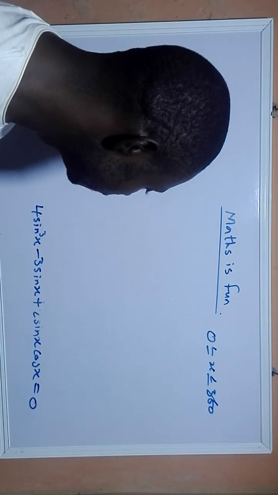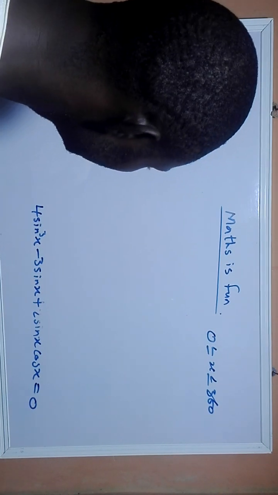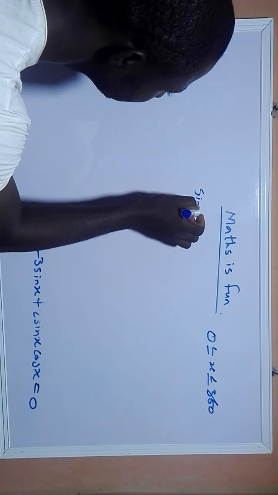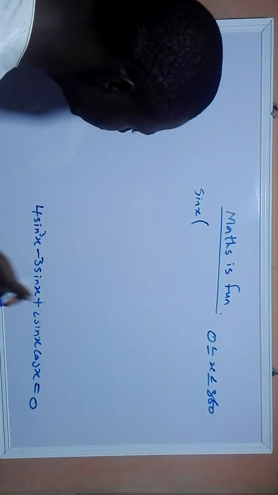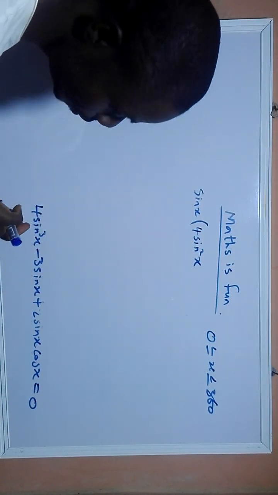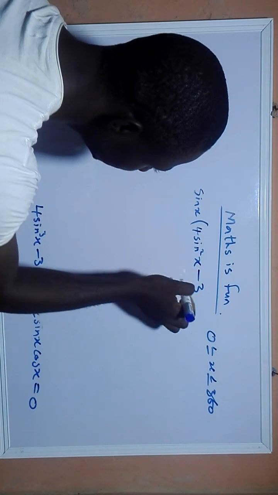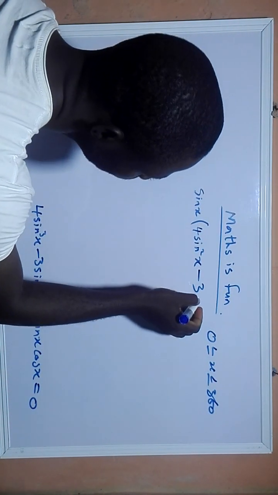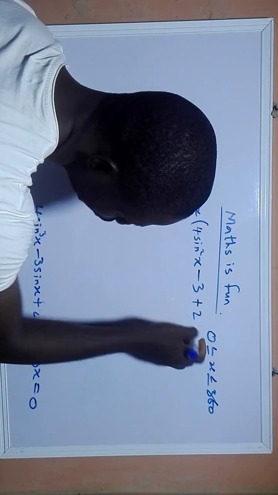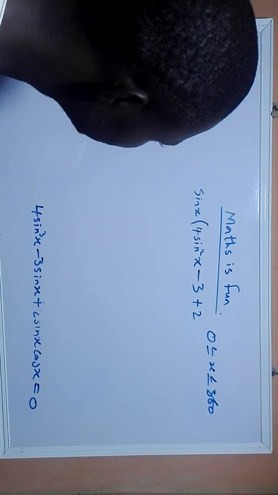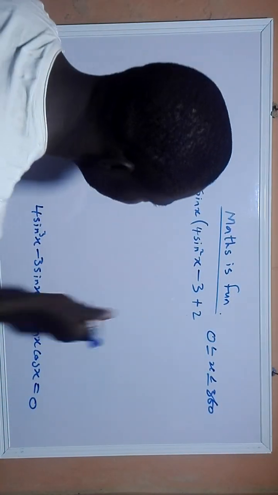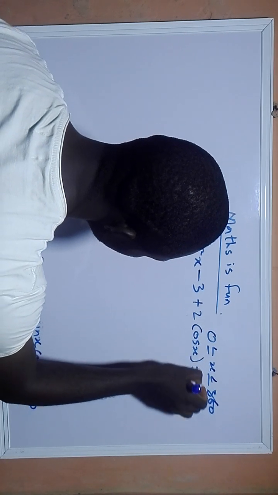So now let's move. Here we have sine x. From here we have to break this down into bracket 4 sine square x. So this times this will give you this as well. Then minus 3 times this will give you this. Then plus 2 times sine x, then cos x is equal to 0.